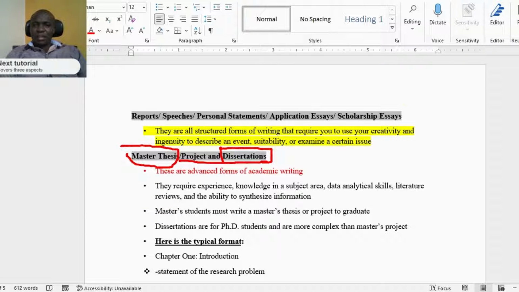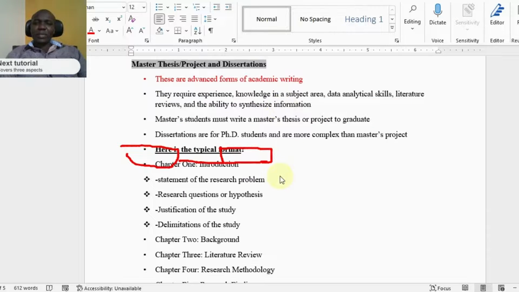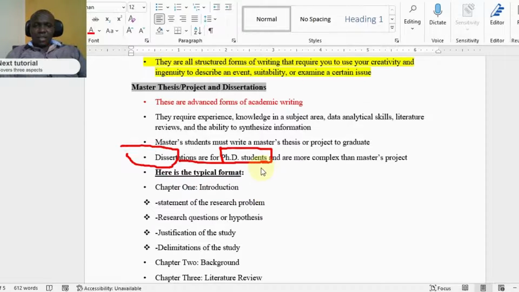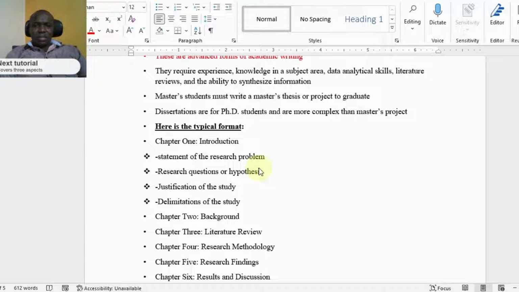Then we have a typical structure, a format of either a thesis or a dissertation paper. The first is chapter 1, which is an introduction.